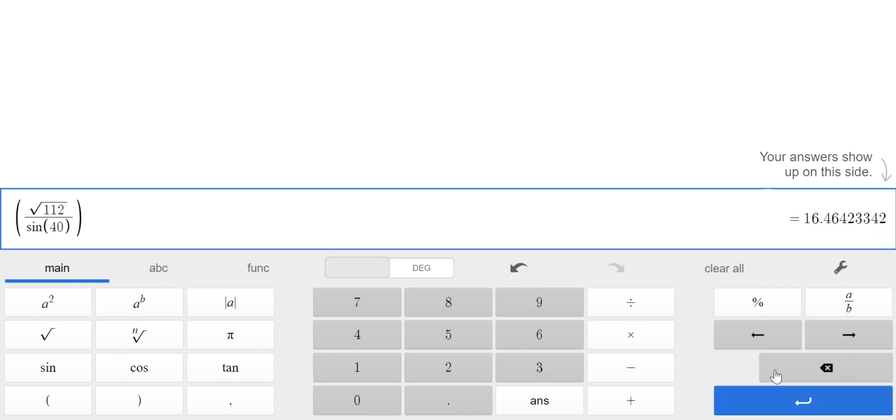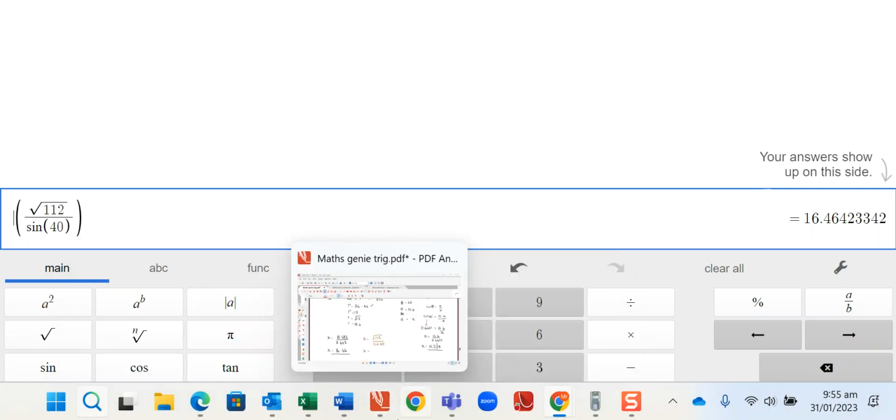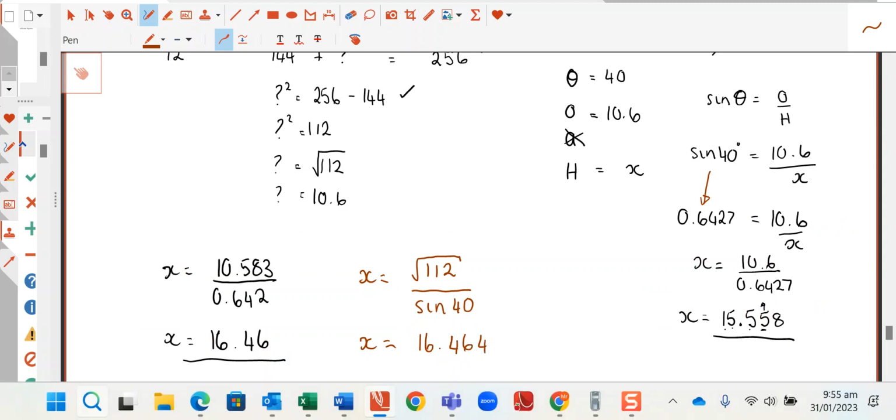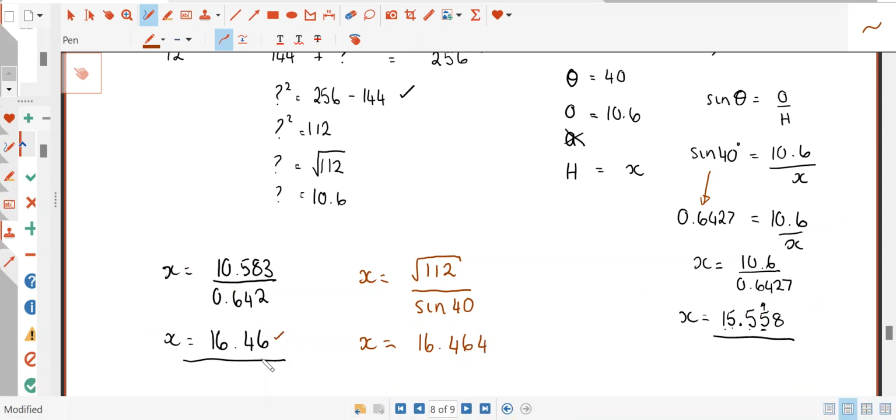What answer do we get? 16.464, and I don't have to round until the very end. We actually get, Alistair's was a bit closer.